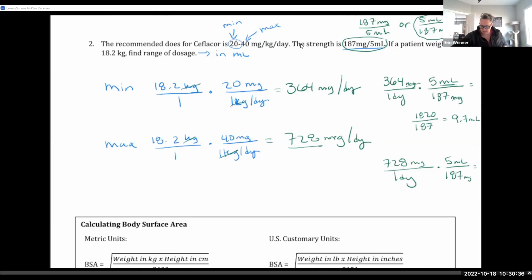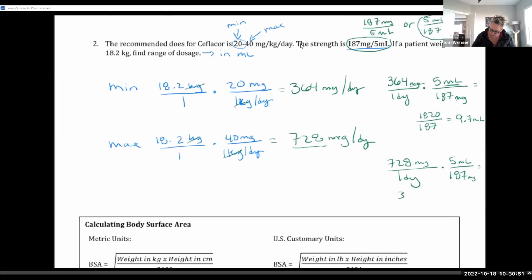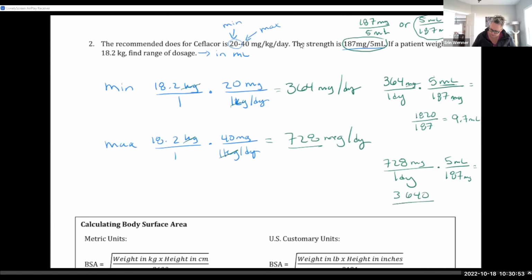So again, if we multiply, we're going to have 728 times 5, which gives us 3,640 over 187, which reduces to approximately 19.5 milliliters.